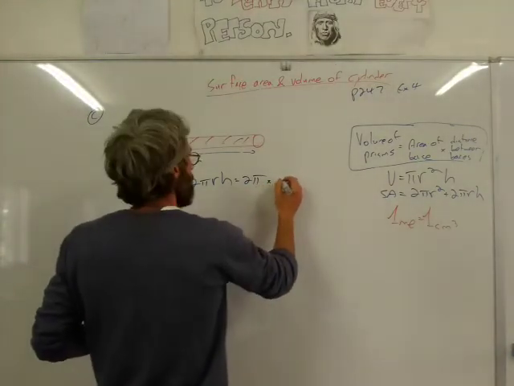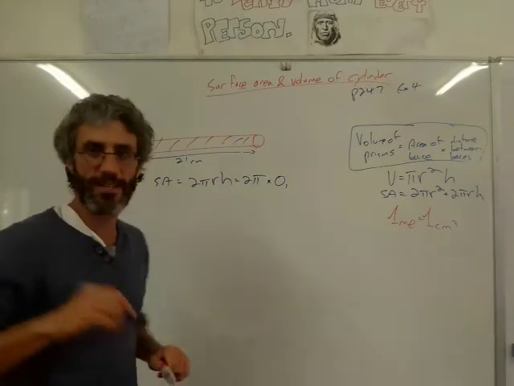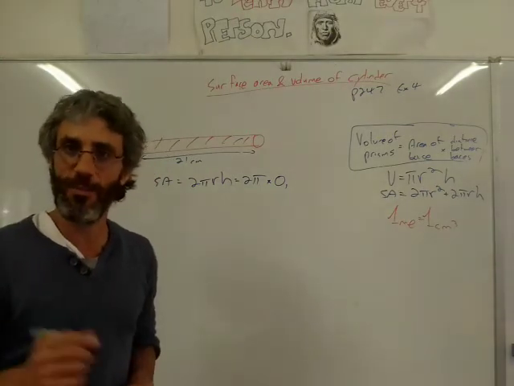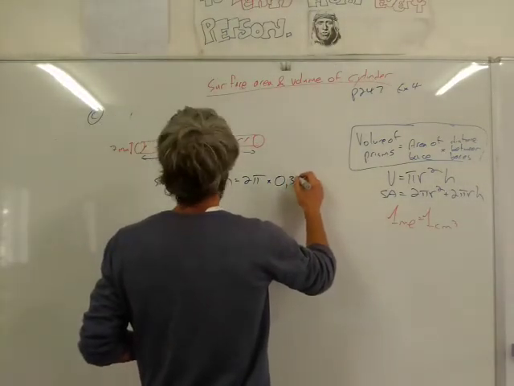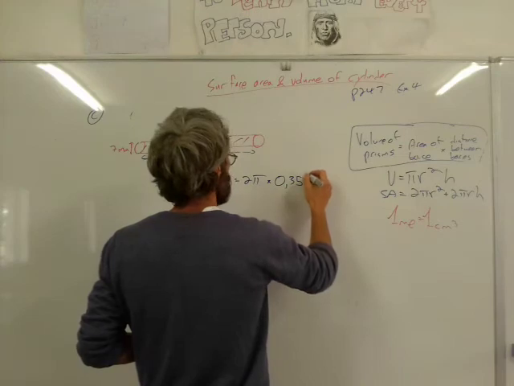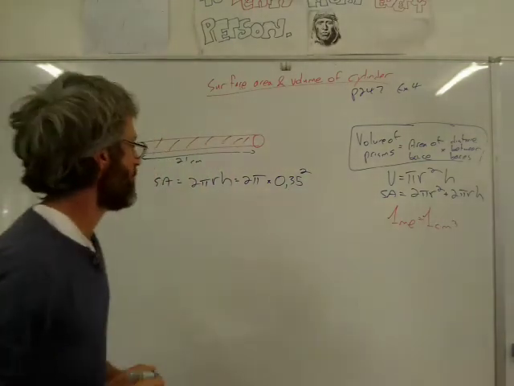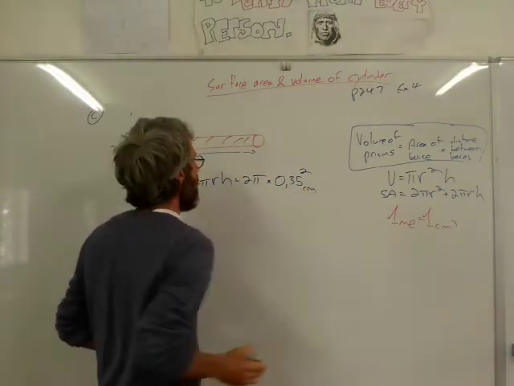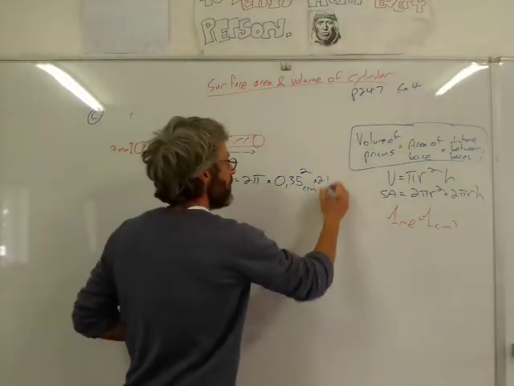So we have to divide by 10. 7 millimeters divided by 10 is 0.7 centimeters, and we divide 0.7 by 2. It's going to be 0.35. So 2 pi r, this is in centimeters, times h. What is h? 21.